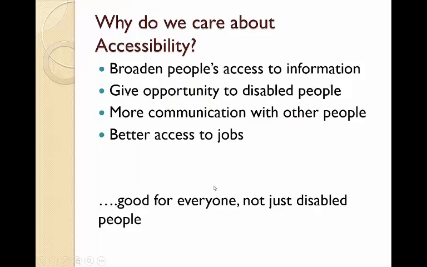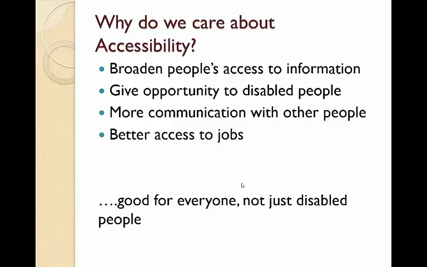So why do we care about accessibility? Accessibility is additional work, and doesn't really matter. The reason we care is that it broadens people's access to information, and I think that's a very American viewpoint, that we want people to be able to enjoy everything, enjoy all the freedoms and access to everything that is possible, and I think that's really a very big piece of American culture.